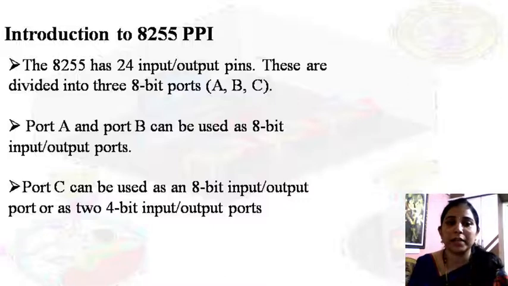The 8255 PPI has 24 I/O pins, divided into three 8-bit ports. Port A and Port B can be used as 8-bit I/O ports. Port C can be used as an 8-bit I/O port, or as two 4-bit I/O ports.